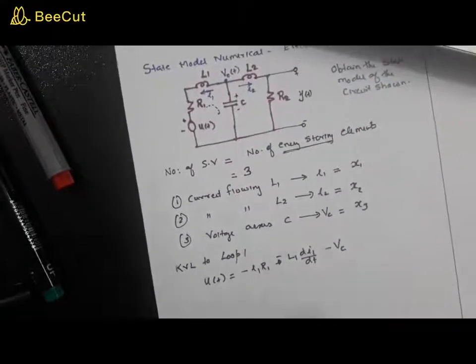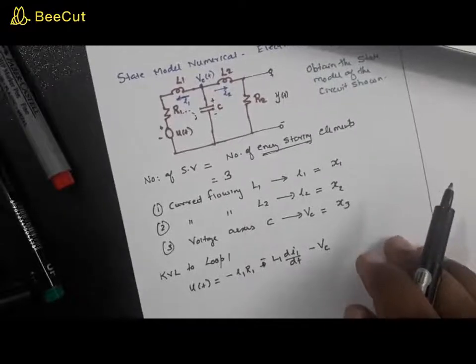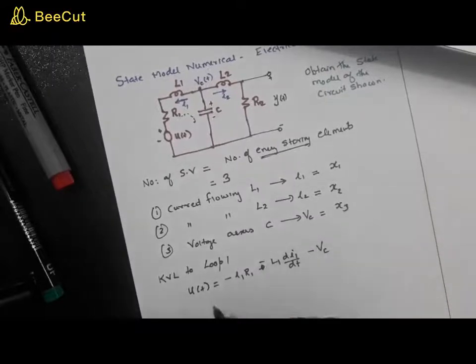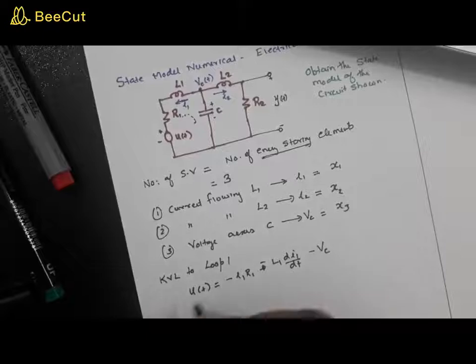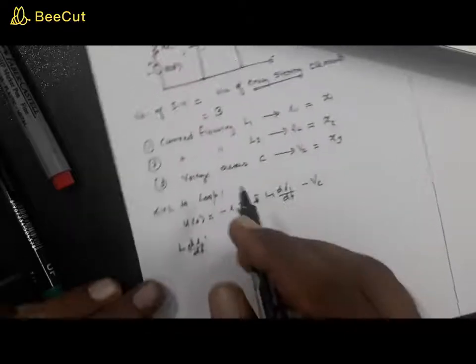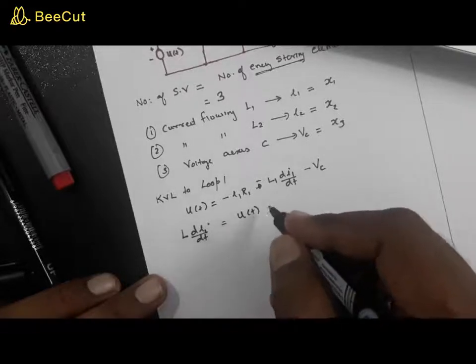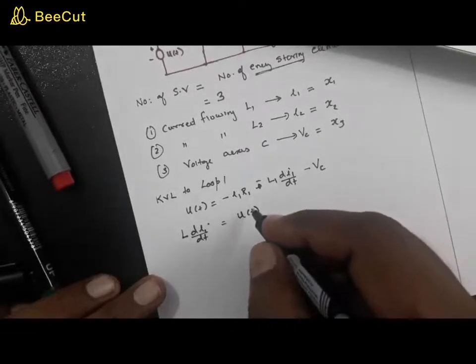So okay, it's clear, right? Now this is equal to I1 into R1, it is equal to U of t. You can bring this to this side: L into di1 by dt as U of t, minus U of t, right?